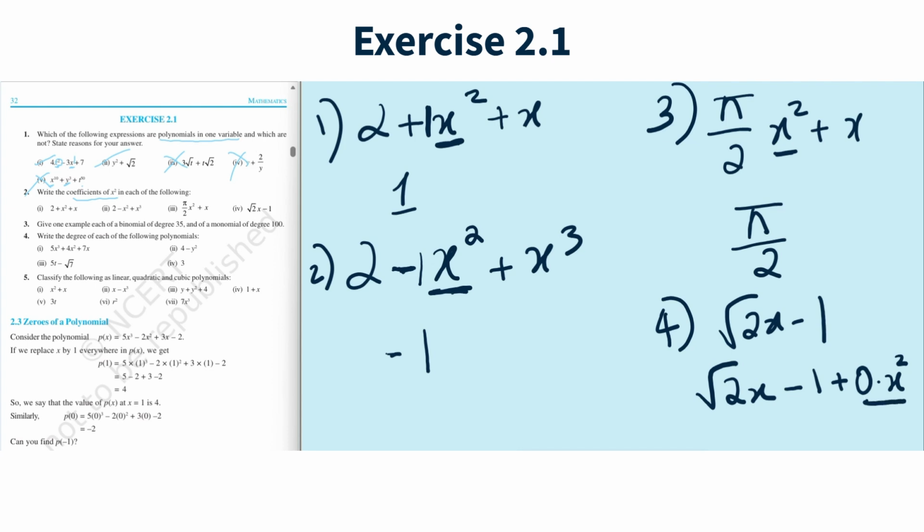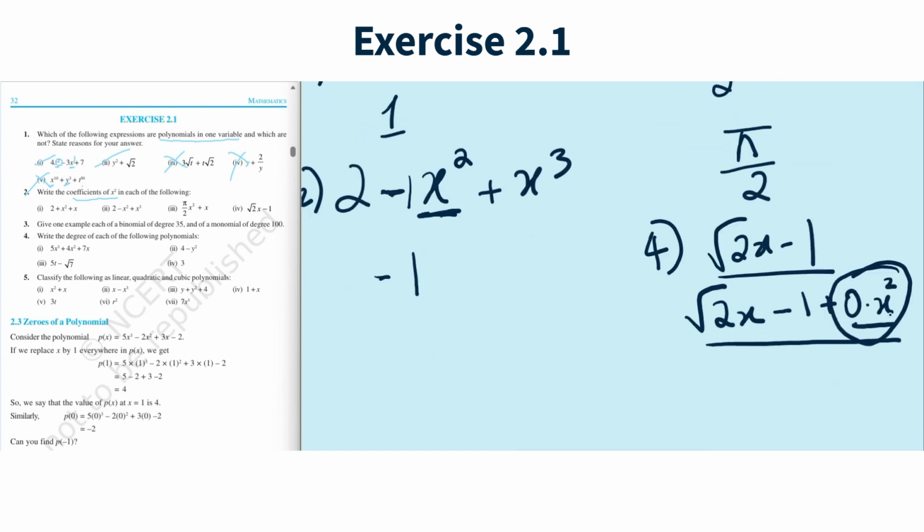When you multiply anything with 0, what happens? The entire expression becomes 0, right? So this expression is equal to this expression. It's just that this is not written, but we can write it because it means the same thing. So what is the coefficient of x squared in this polynomial? It is 0. I hope so far it is clear.